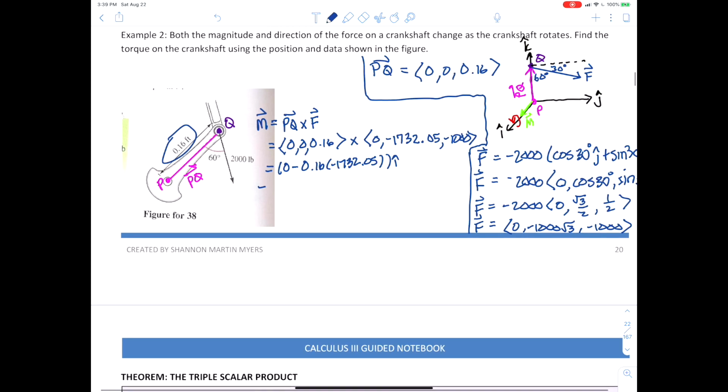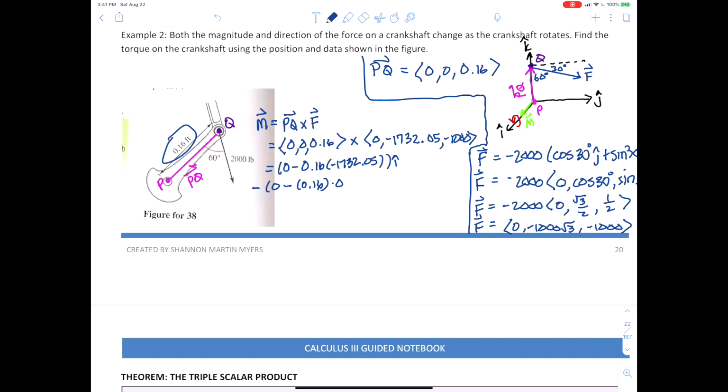And then minus, so what do we have next? First component is 0, so again, we'll have a 0 here. And then, all right, minus. So now I'm just looking at the cross product formula. The first component from PQ is 0 times the third component. So this first part would be 0. And then minus, now we have to do the third component of the first one times the first component.